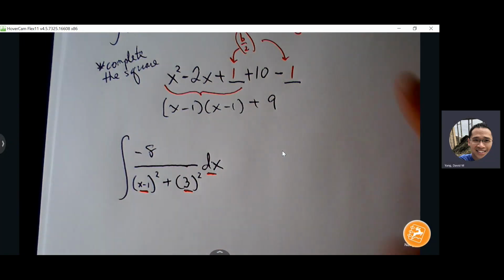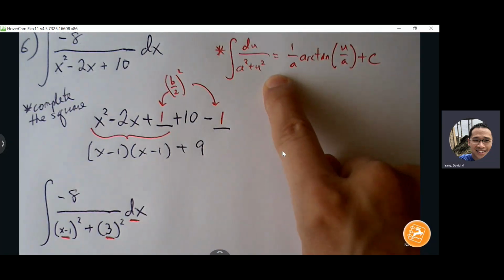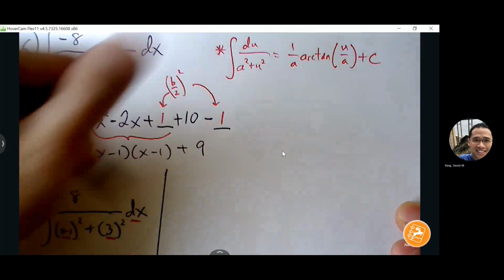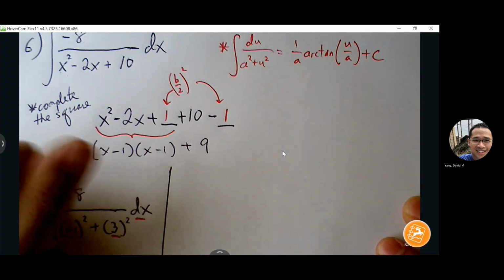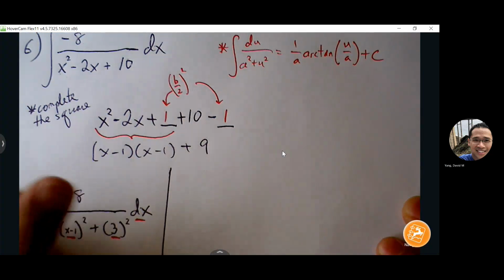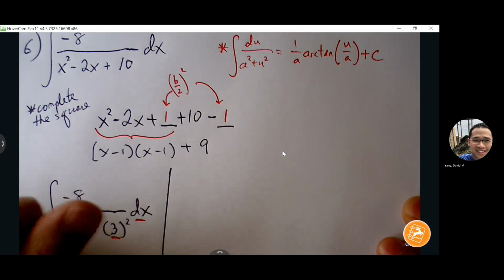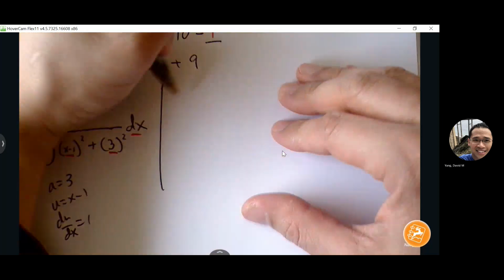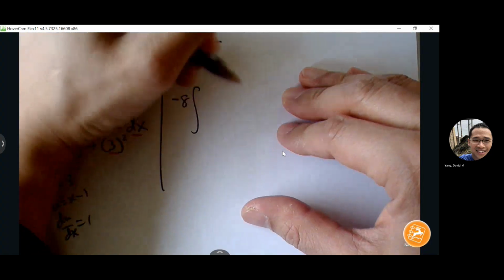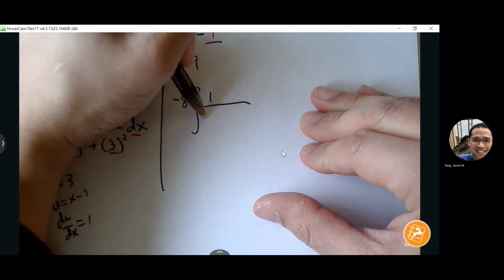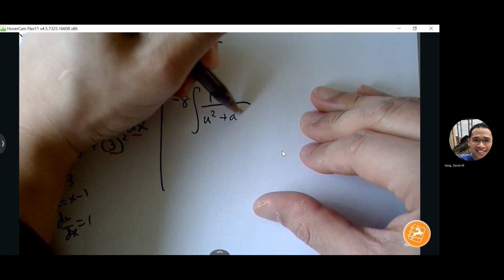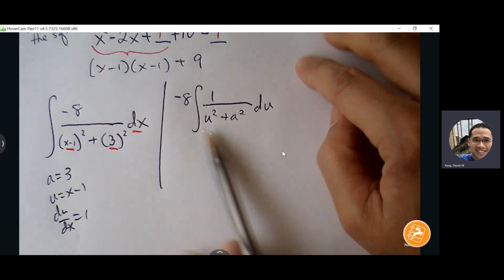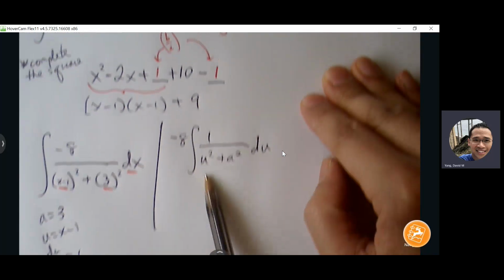Going through my substitution, I'm trying to make my problem look like this rule so I can apply it. I'm able to get a perfect match because I can push that -8 out in front.